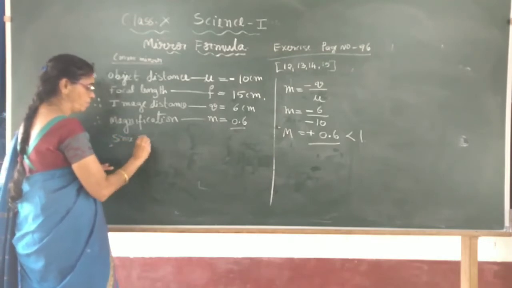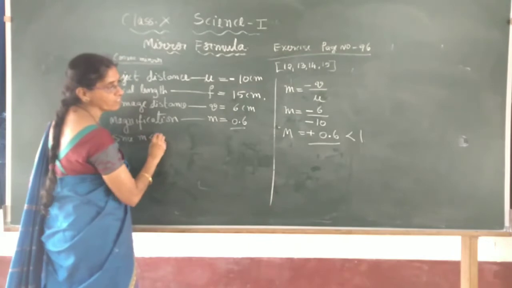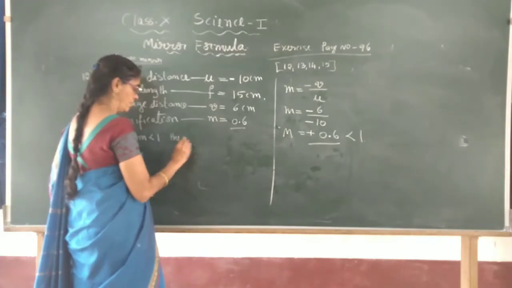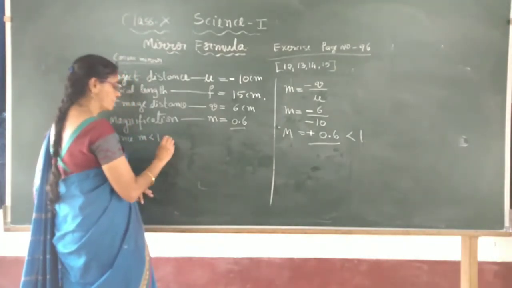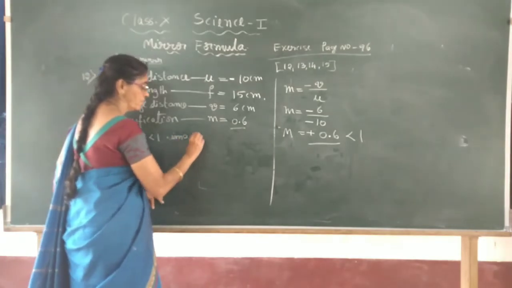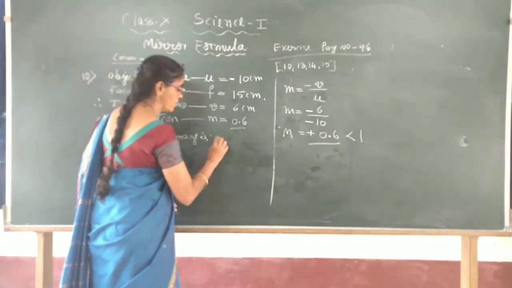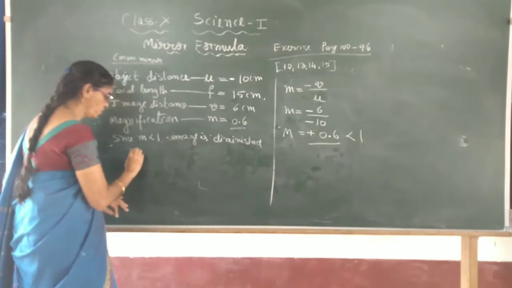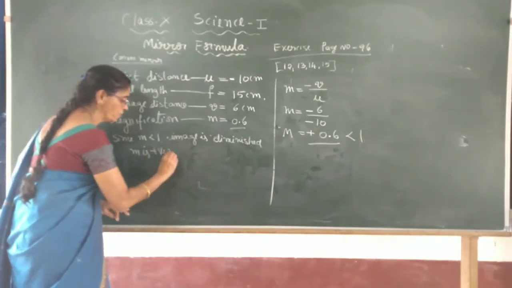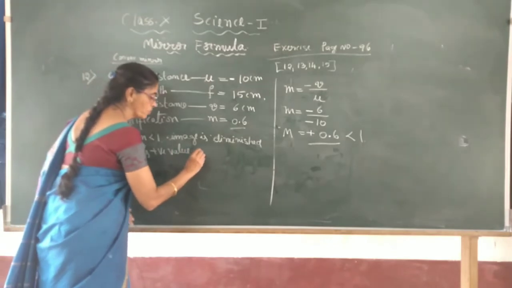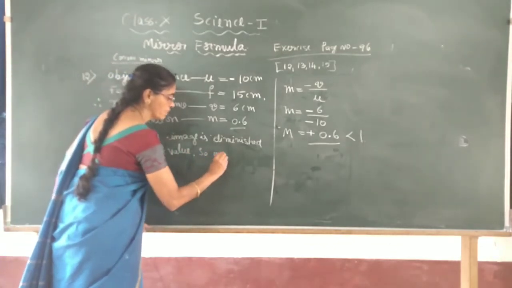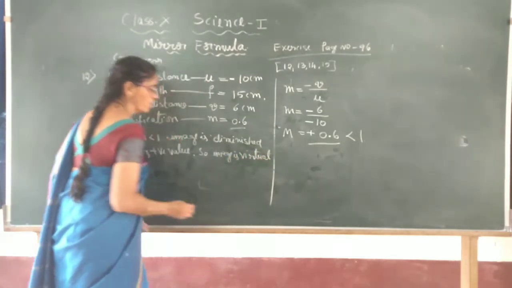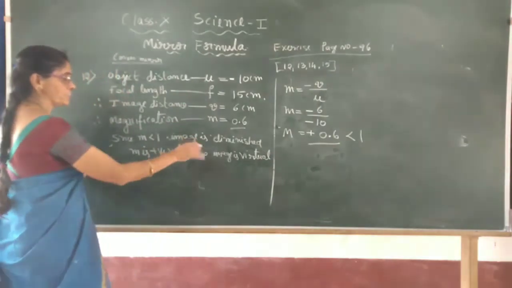Since m is smaller than 1, the image is diminished, and m is a positive value, so the image is virtual, and a diminished virtual image.